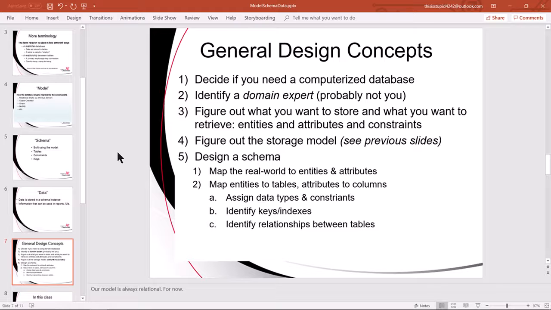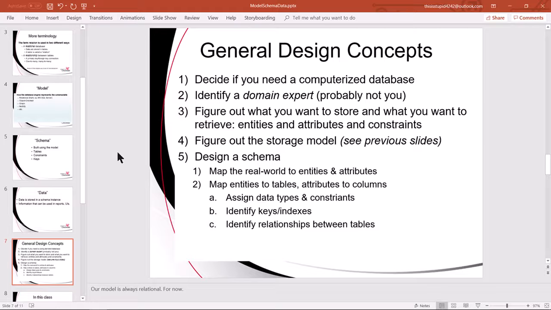Number two, figure out who knows what's going on in the real world. Who's the domain expert? This comes from the customer sphere. This is the person or persons that understands what this data should do. And then it's your job to figure out how to map those requirements into a model, schema, data construct.